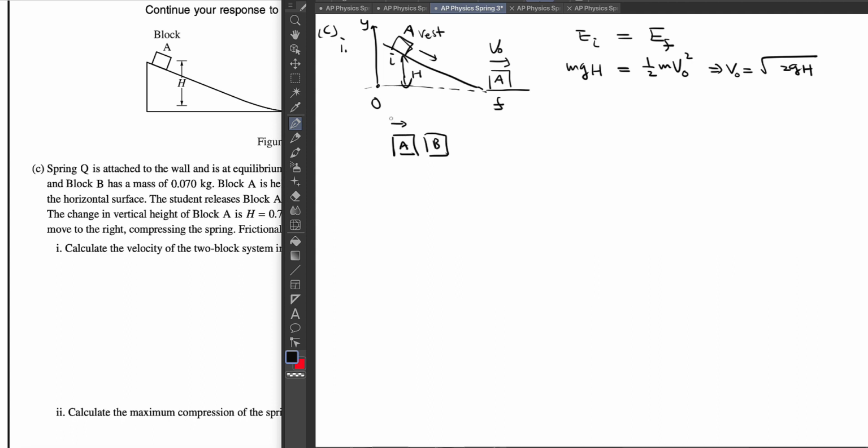Okay, now before the collision, A has velocity V naught that we just calculated right here. However, B is at rest. And we know the collision will conserve the total momentum of the system, right? So if you think about the system here as A and B together, then the momentum before the collision equals the system's total momentum after the collision.